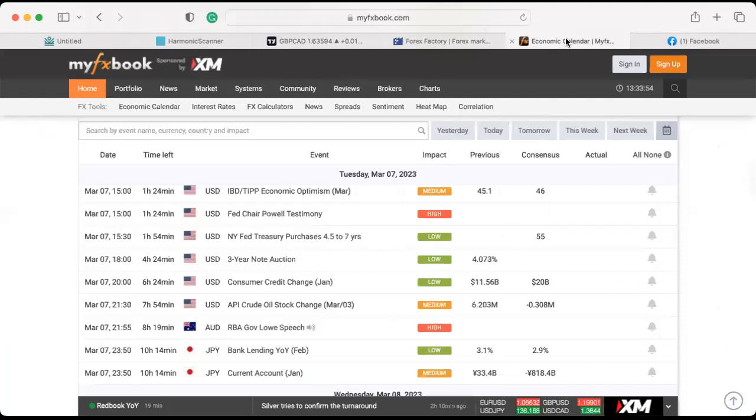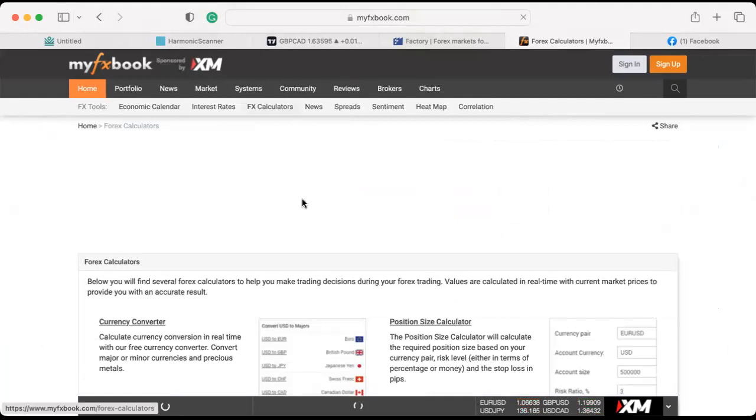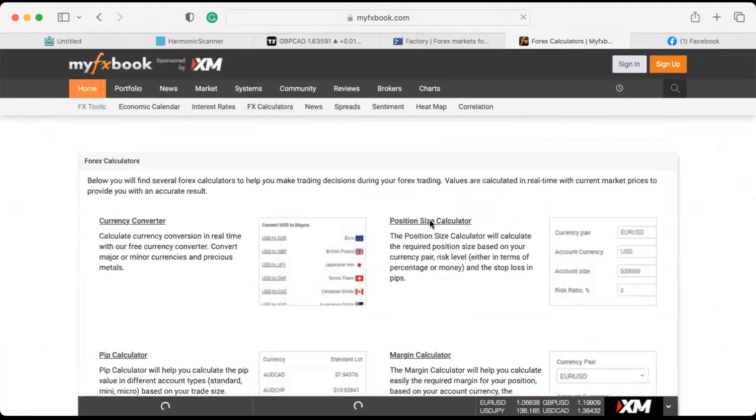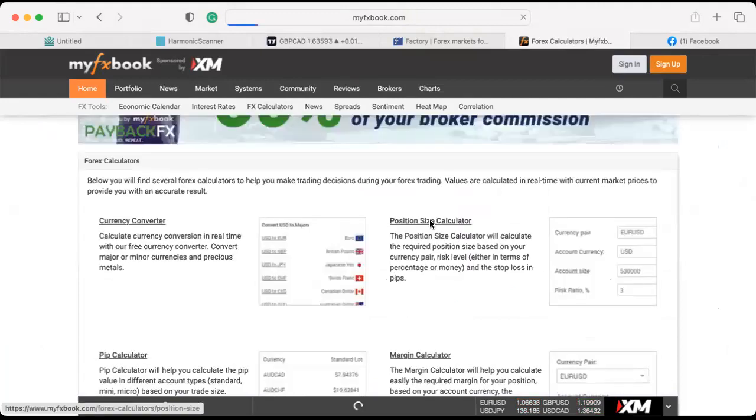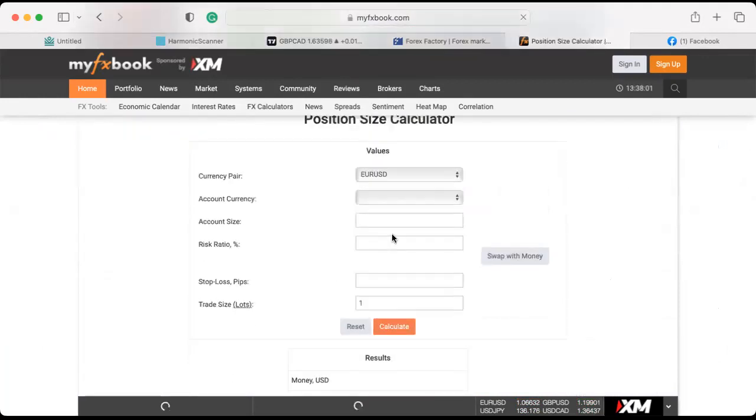Where economic calendar. If you go to my FX book and you go to FX calculators, you should see this position size calculator is the one that I use. So I click on that, and I choose my currency pair, I choose my account currency, and I choose my account size.